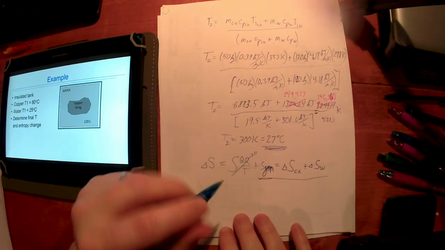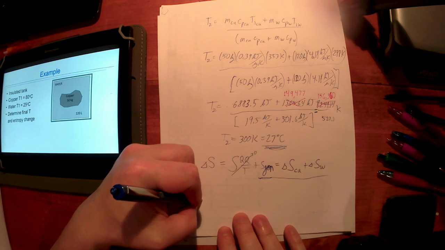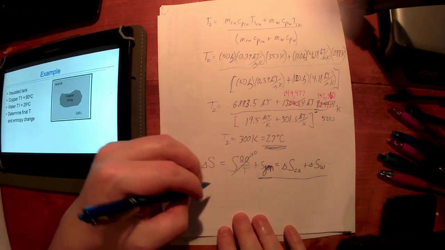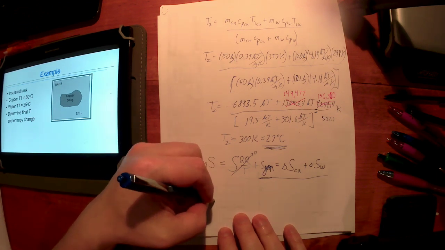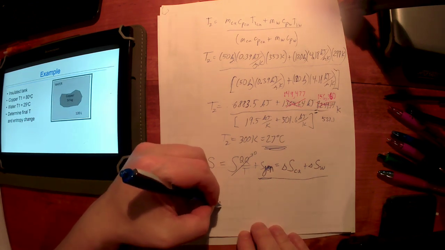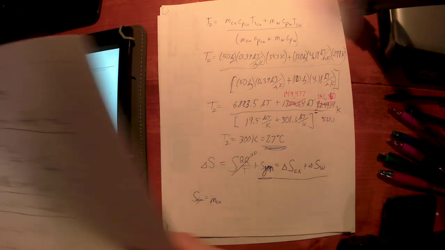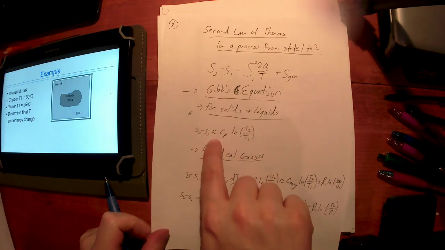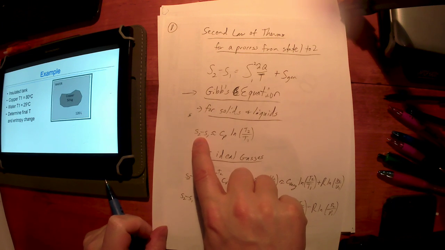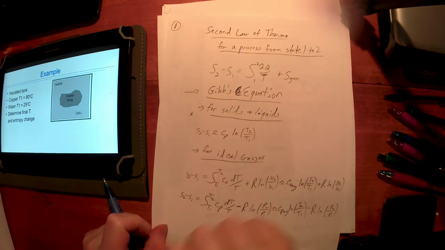We can use Gibbs Equation now to find those. So the entropy generated, which is going to be the total entropy change, is going to equal the entropy change for the copper. Well, that's going to be the mass of the copper times, and we said back over here, right? We said if I've got solid or liquid, change in entropy for that substance per unit mass is equal to the specific heat times the natural log times the change in temperatures.